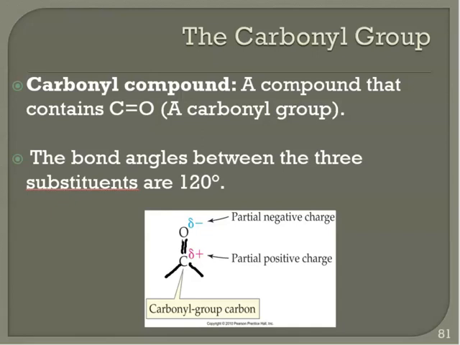Now, because of the electronegativity of the oxygen, we're also going to get a partial positive charge for the carbon, and a partially negative charge for the oxygen. And so this gives us some electronegativity differences and polarity within these groups.